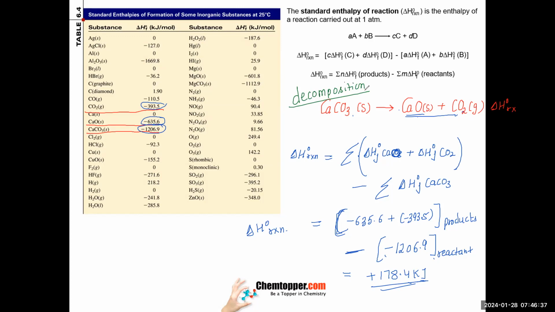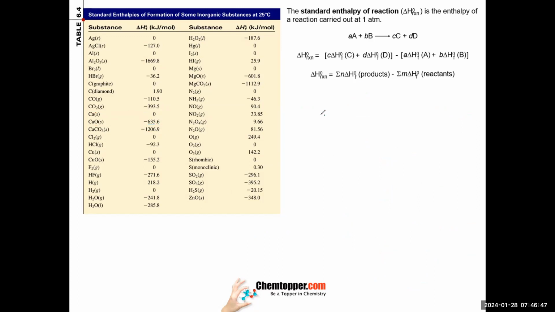Okay, I'm giving you another equation. Use the same method. Table is here, and you are going to tell me delta H naught of the reaction. SO2, which is a gas, reacting with O2, which is also a gas, giving you SO3, which is a gas.